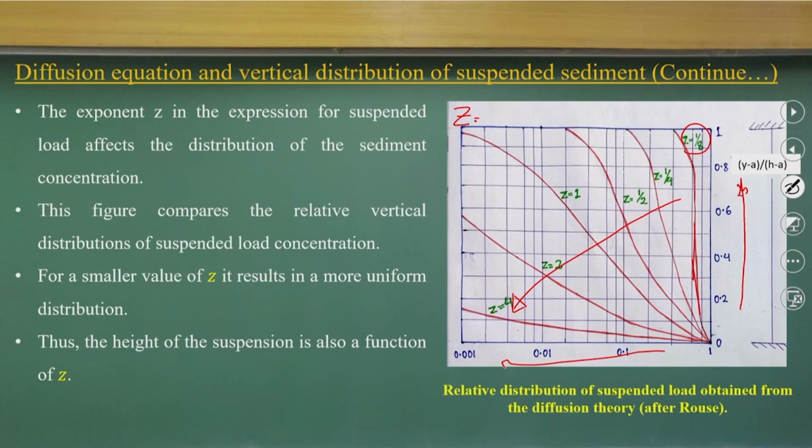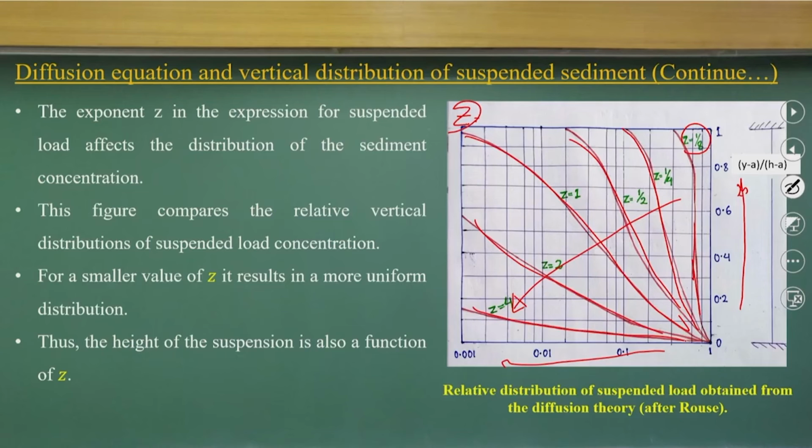So, it depends upon your Z value, which is the ratio between settling velocity and the shear velocity. These components have a distribution like this; for Z equal to 1, you will have a distribution like this. So, we can get a sediment concentration profile if we know the Z values.